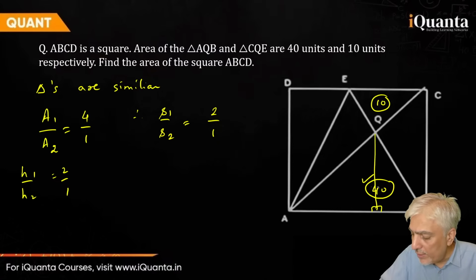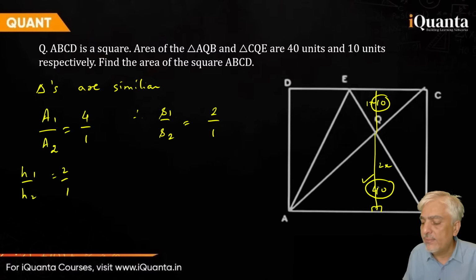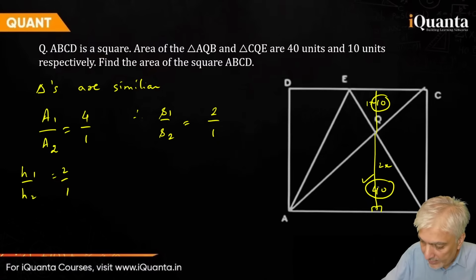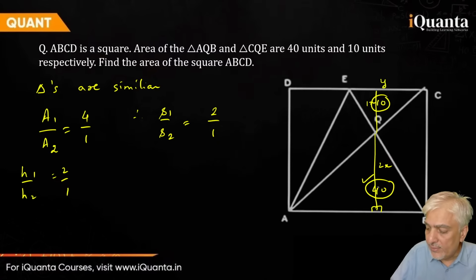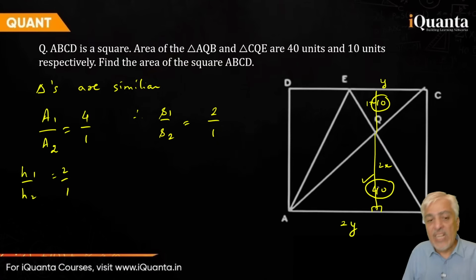So if I took this height as 2x and this height as 1x, and this much as y, this will be 2y. E will now turn out to be the midpoint. Perfect. So I have taken AB as 2y, EC as y.